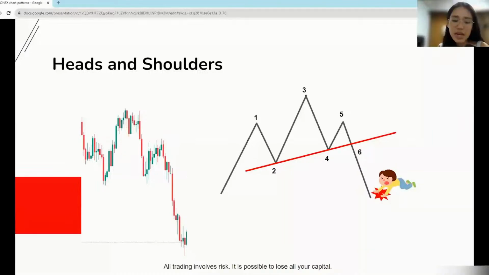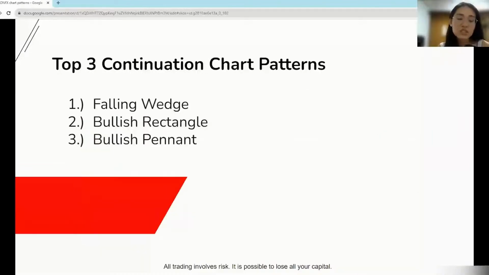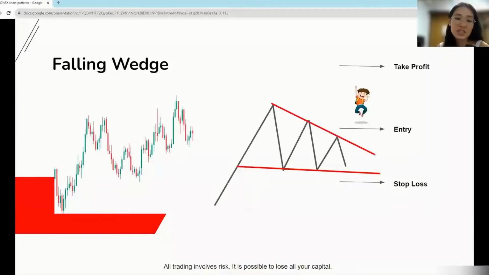Next, let's take a look at the top 3 continuation chart patterns. So the previous 3 we looked at were for reversal purposes. Now we're going to see how we know if price is going to continue in its direction. So firstly, we have falling wedge. All these chart patterns I'm going through now are pretty popular and quite easy to spot on your charts.